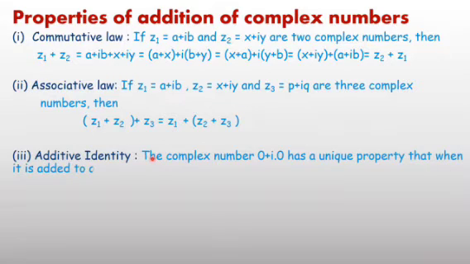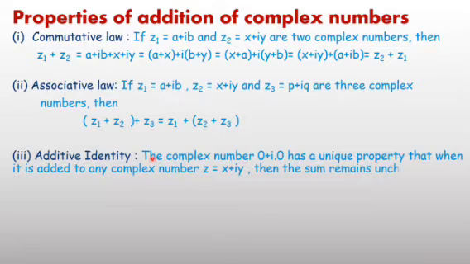For example, in the case of integers, if anyone asks to find the additive identity for integers, 0 is known as the additive identity. Additive identity means you apply the operation with integers, and the result remains the same. For example, 5 plus 0 equals 5, there is no change in the number. Minus 4 plus 0, minus 4.